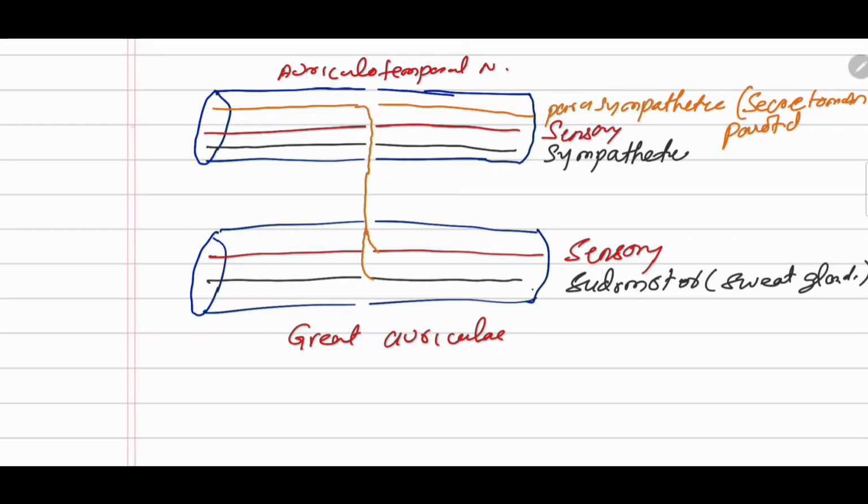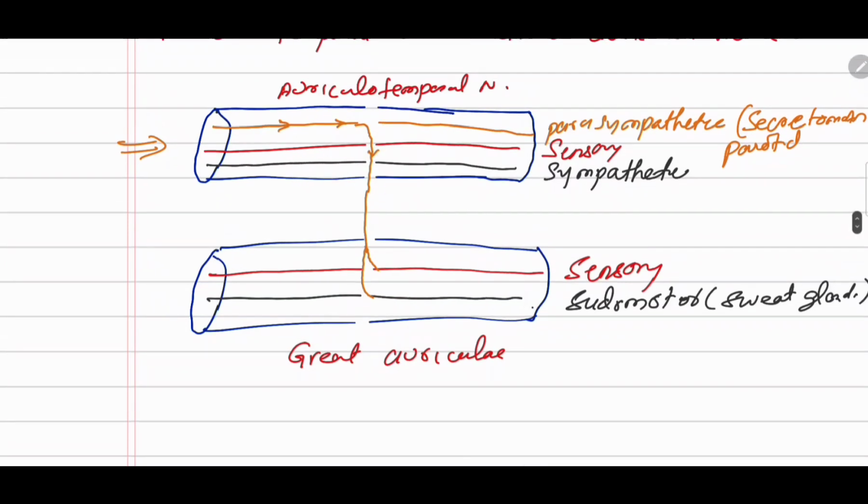When the auriculotemporal nerve gets stimulated, it is supposed to do the secretomotor function. So what happens? The stimulation should go to the parotid gland, but due to aberrant regeneration, the fibers go to the great auricular nerve.